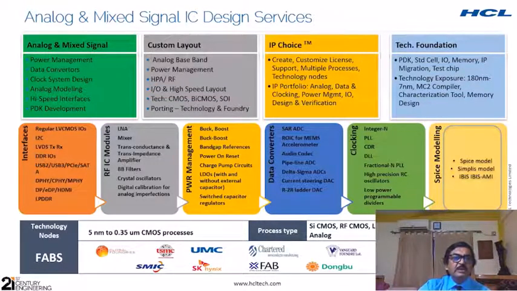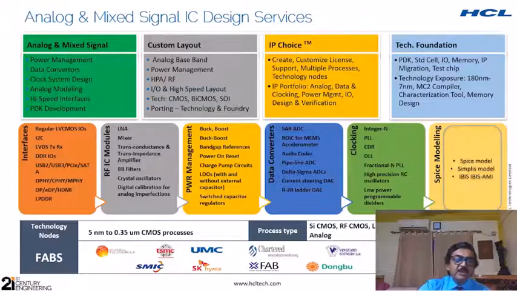And down below, there is a little breakup of the analog design competencies. The I/O interfaces, then we have RFIC design, power management, data converter, clocking that I mentioned. One of the unique services that we provide, and not a lot of companies in the VLSI service domain can provide this, is the SPICE modeling capability. We have done more than 500 SPICE models for devices for a lot of mixed signal IC design companies worldwide.